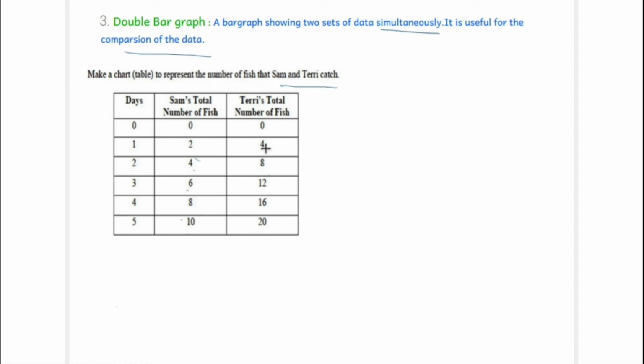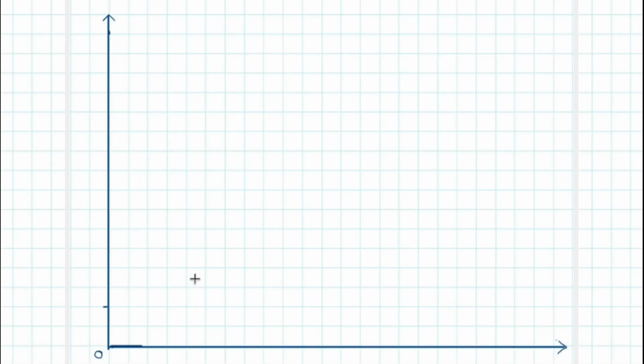These 2 tables, this table and this table, are representing the frequencies. So the lowest value is 2 and the highest value is 20 over here. Up to 20 we have to draw it.